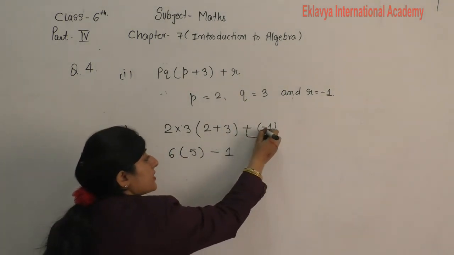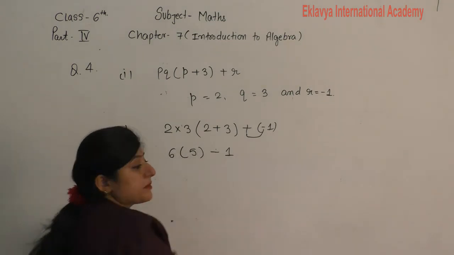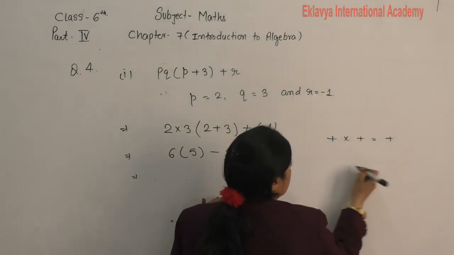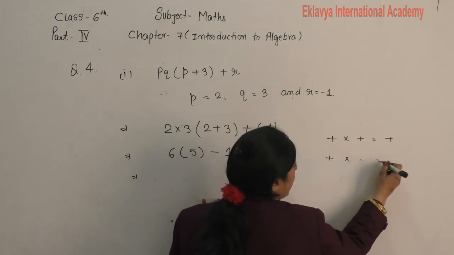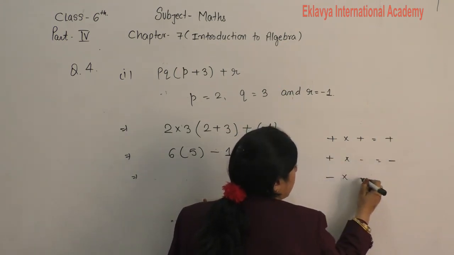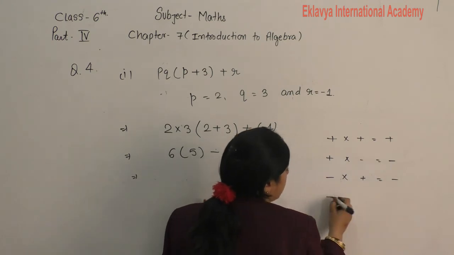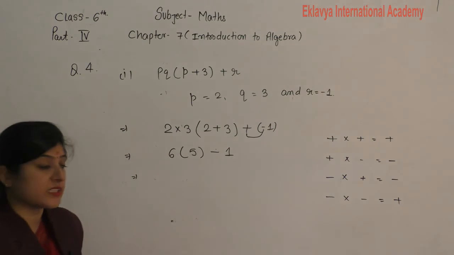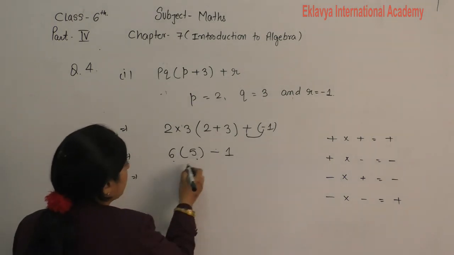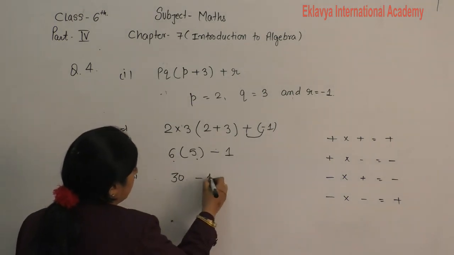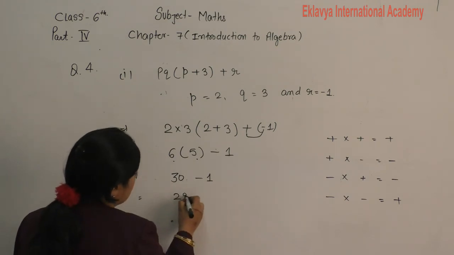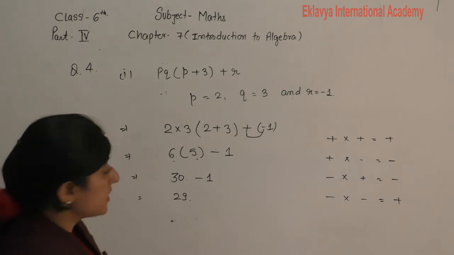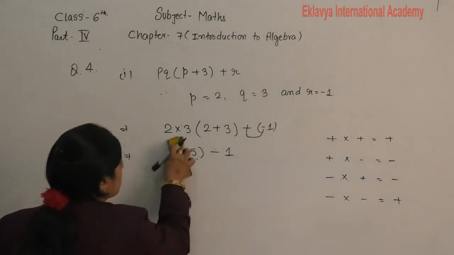Plus multiply by minus is always minus, plus multiply by plus is always plus, minus multiply by plus is minus, minus multiply by minus becomes plus. So 6 fives are 30 minus 1, answer is 29. Okay student, now see the MCQs.